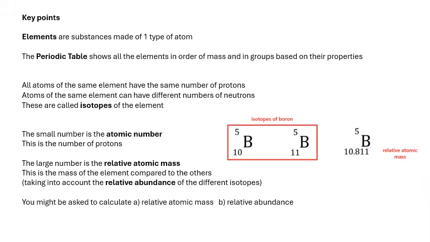Looking at the numbers, the small number is the atomic number, and that's the same as the number of protons. The large number in the periodic table is the relative atomic mass, and that's the mass of the element compared to the other elements. Yes, it's actually compared to carbon-12, but compared to the other elements, taking into account the relative abundance of the different isotopes.